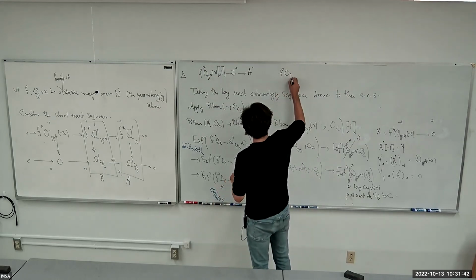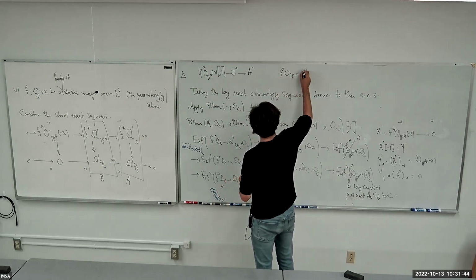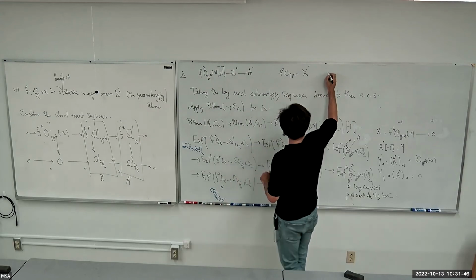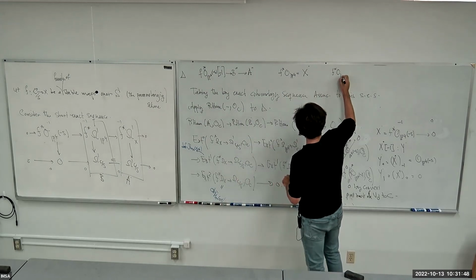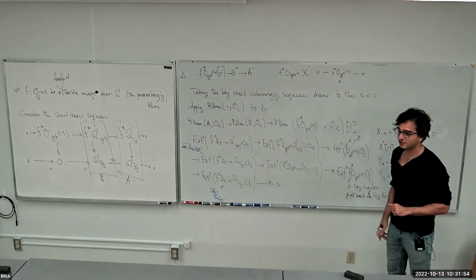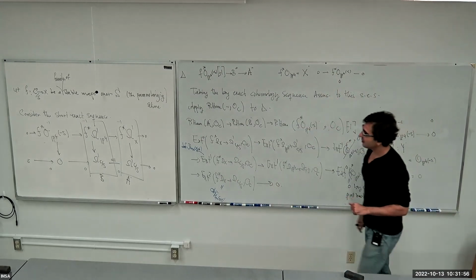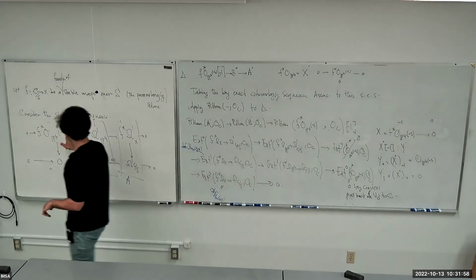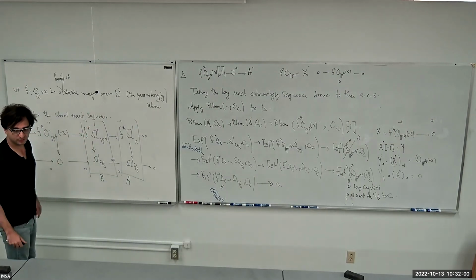F0 OP4 is a complex x dot. It is this complex, minus 5, whatever, sitting in degree 0, nothing else. This complex is a shift of that complex. With what number? With 1.